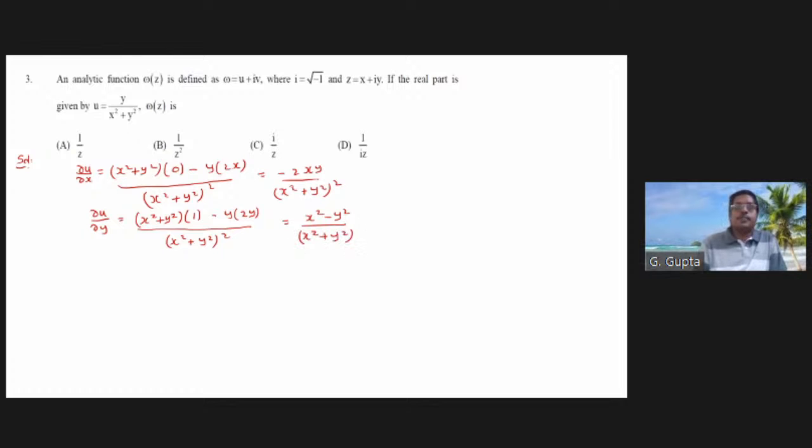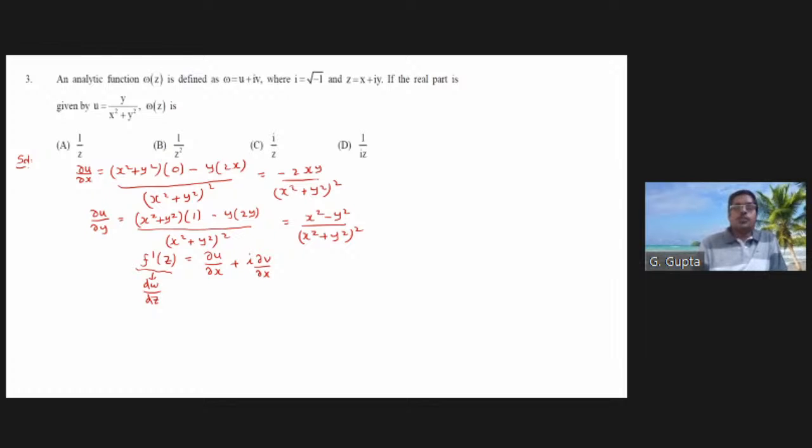Now the f dash z formula, directly taking f dash z, that is step 1: ∂u/∂x plus i times ∂v/∂x. This f dash z is also written as dw by dz.